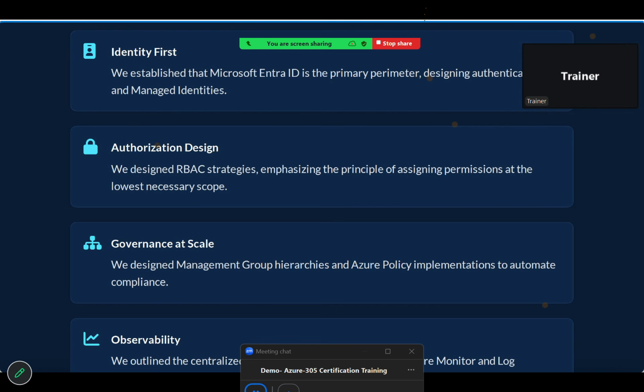Guess more. Okay, it has three business units, so it means three management groups.